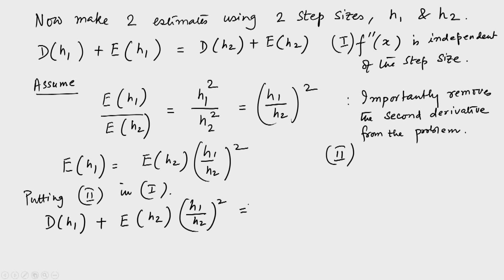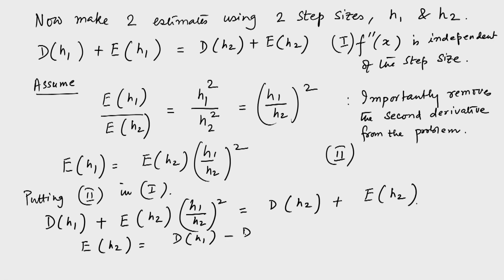So, I am using two different step sizes, and it is equal to d h2 plus E h2. And if you solve for E h2, then it becomes equal to d h1 minus d h2, divided by 1 minus h1 by h2 whole square. Okay.